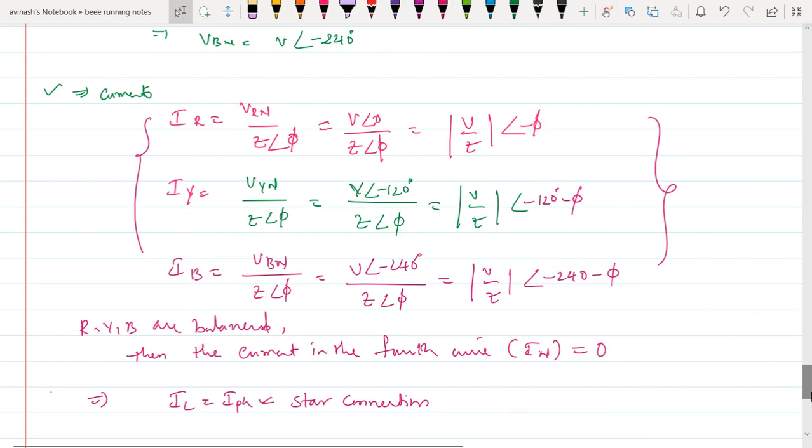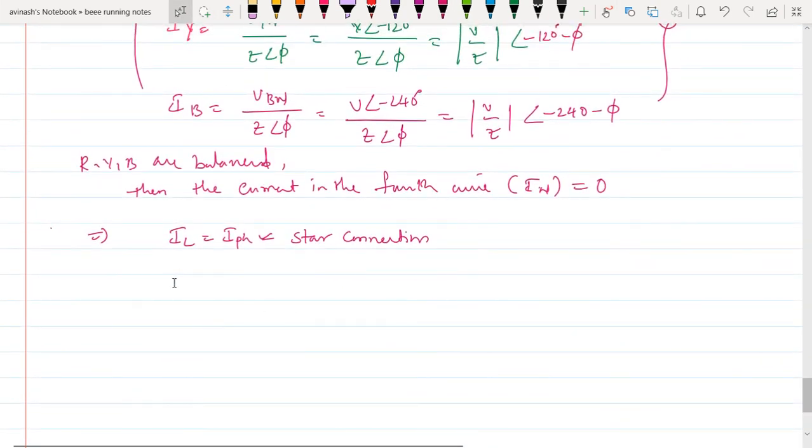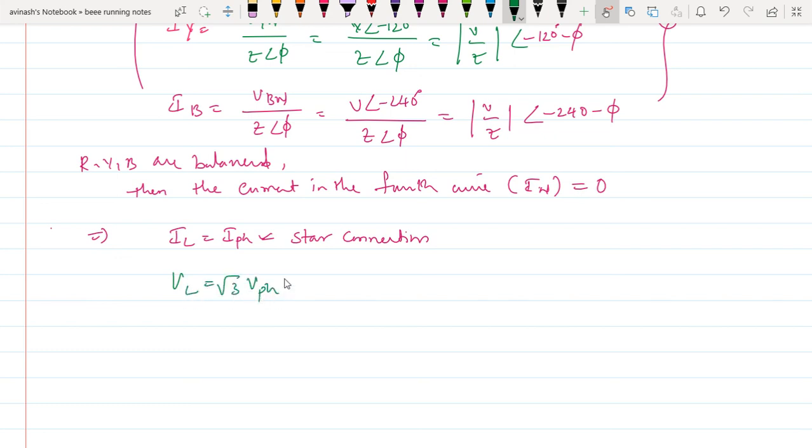And coming to the voltages, line voltage is equal to... so voltage across each phase of the delta connected source is different, but in case of star connection, line voltage is equal to root 3 times of the phase voltages.